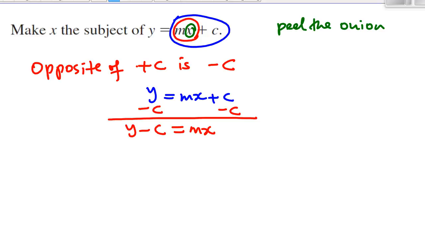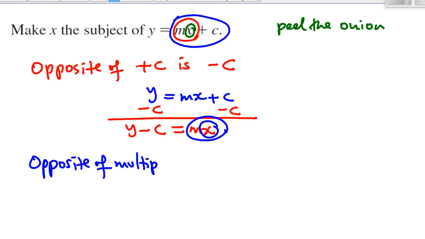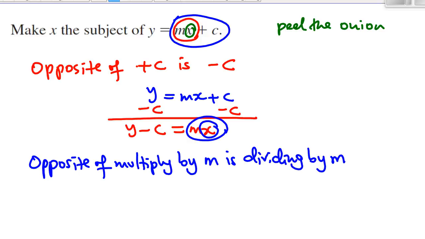And then if you look at this again, you can see that x has been multiplied by m, and the opposite of multiplying by m is dividing by m. So what we'll end up with is, if you divide the right hand side by m, it will be m divided by m, which is 1.